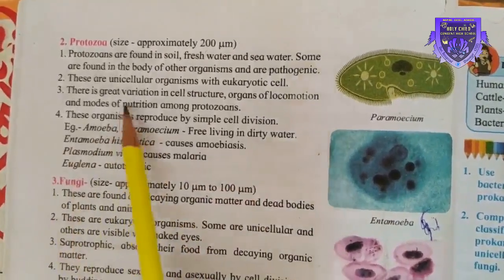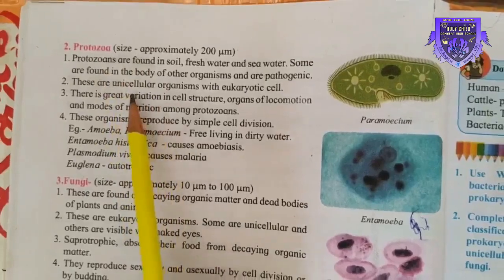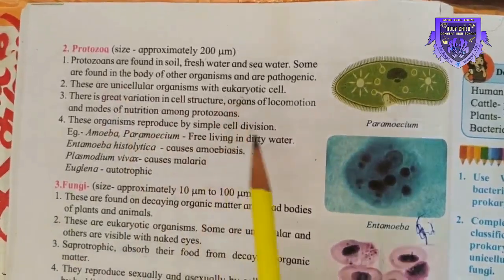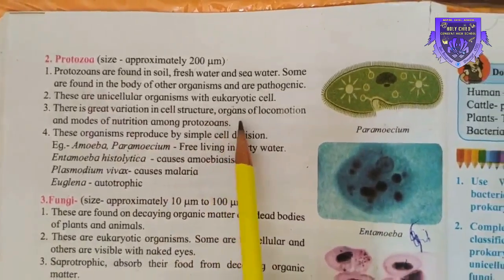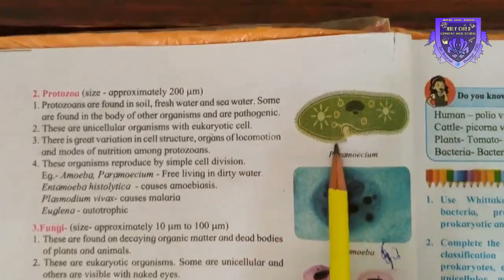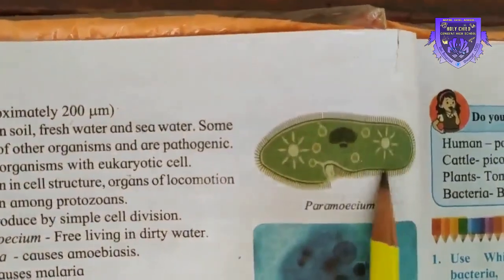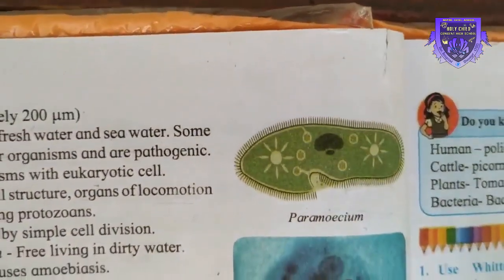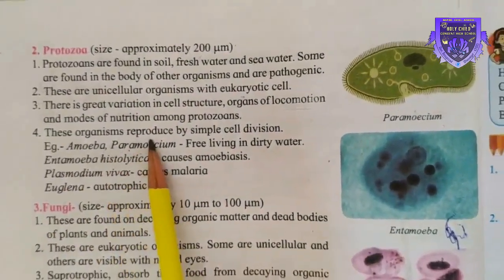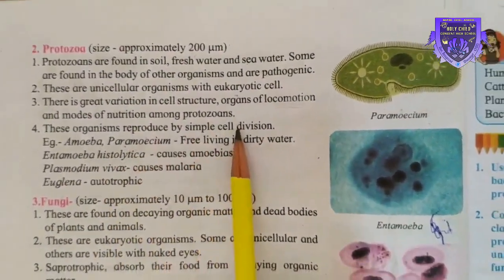They are unicellular eukaryotic cells, and they have certain structures which are used for locomotion, as we can see these hair-like structures in paramecium. These organisms reproduce by simple cell division.